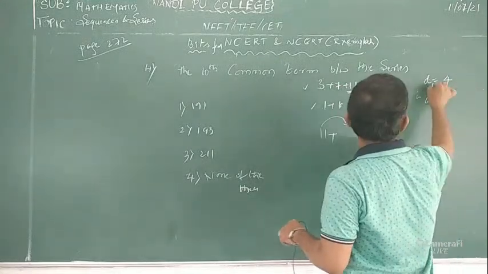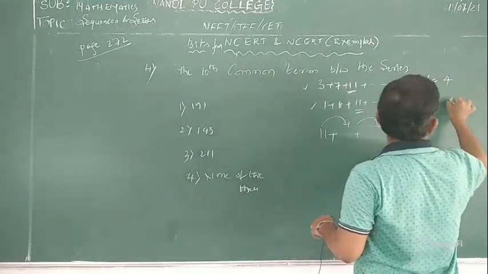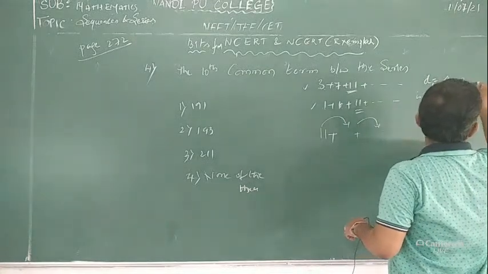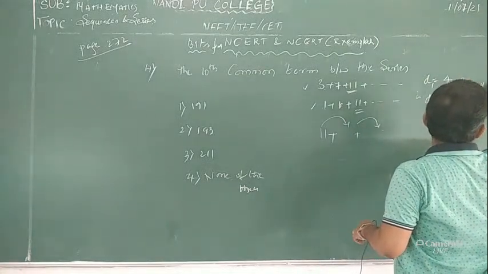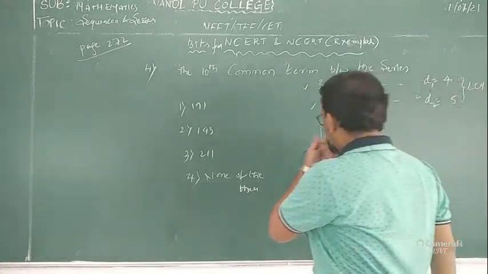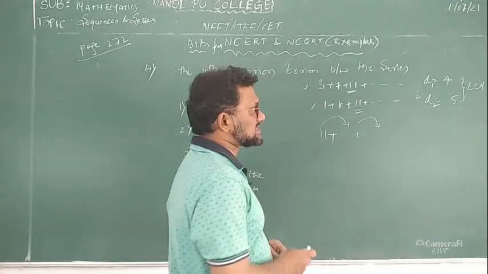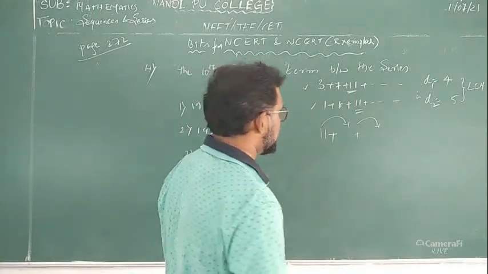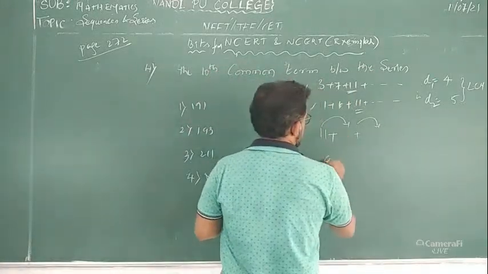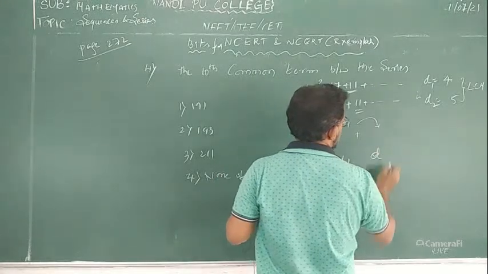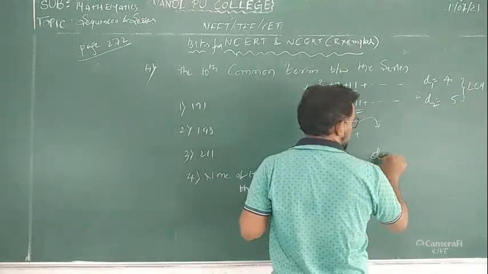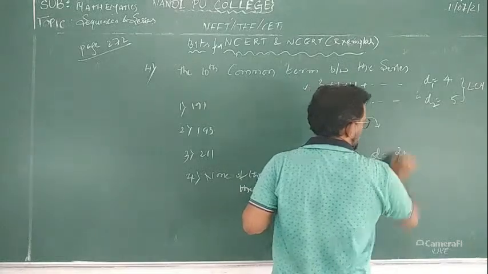Here the common difference d2 is nothing but 5. What is the LCM of these two? 20. So therefore the common difference is D equal to 20. Therefore here A is equal to 11 to be taken.